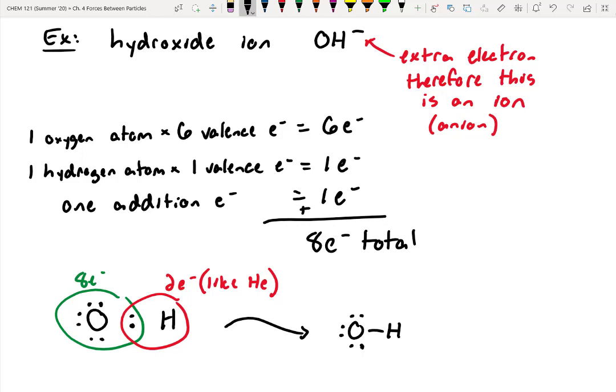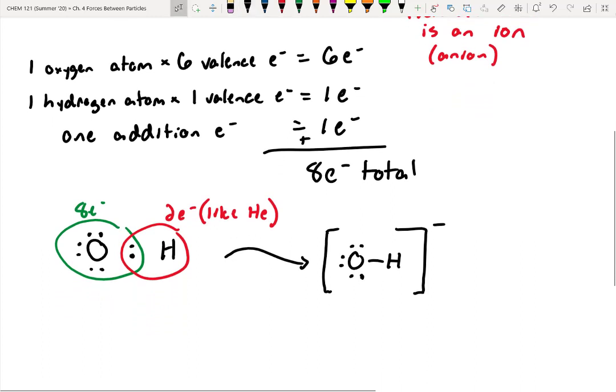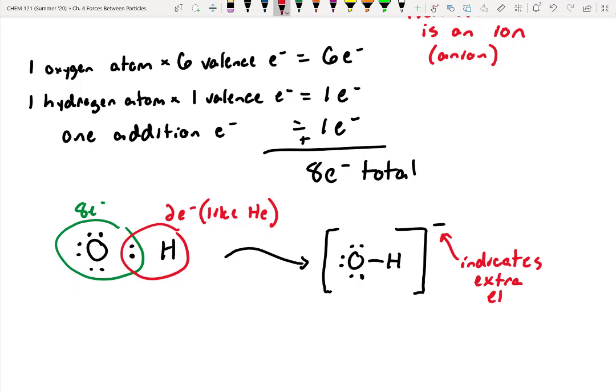However, we have one extra electron. So what we do to indicate this is we put brackets around it, and then we put a little negative charge on the outside. So this indicates an extra electron, meaning this is ionic.